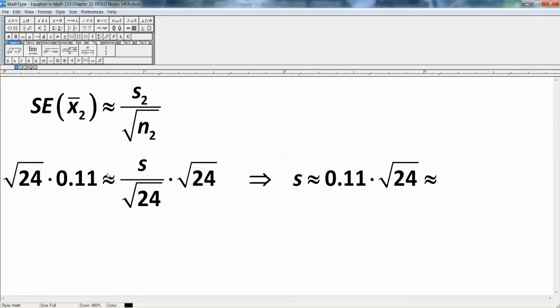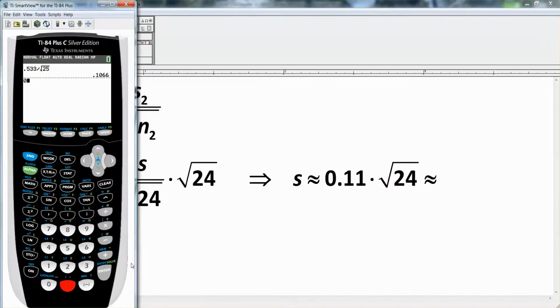And that means that S is approximately whatever 0.11 times the square root of 24 is. I guess I can leave that in there. All right, so let me grab a calculator, 0.11 times the square root of 24. So 0.5389.